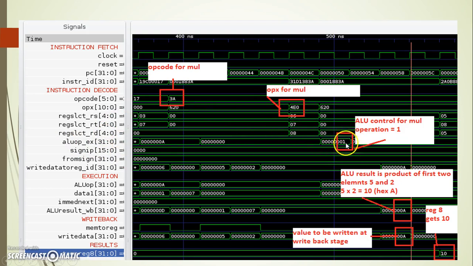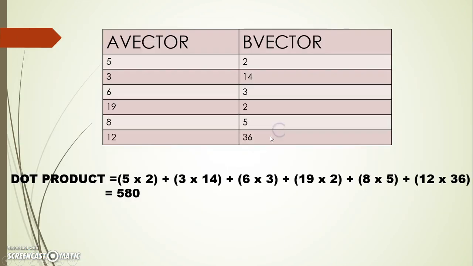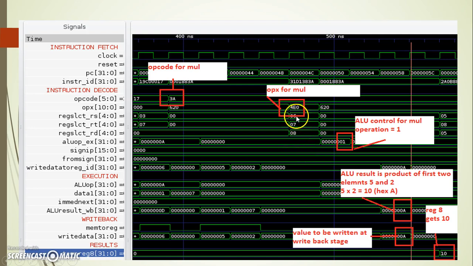This is the ALU control signal generated by the instruction decode stage to indicate the macro operation to be performed for multiplication, which is multiplying the operands given by registers 6 and 7, and the result is stored in 8. As you can see, the RD select is showing a value of 8. It's explained here. Suppose 6 and 7 contain random values 5 and 2.